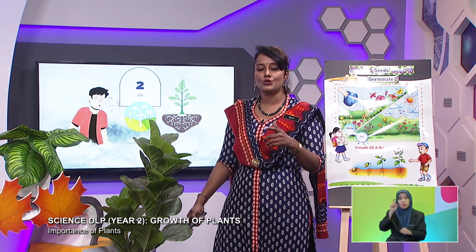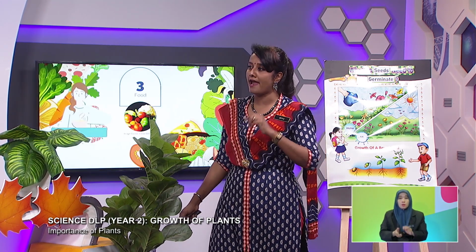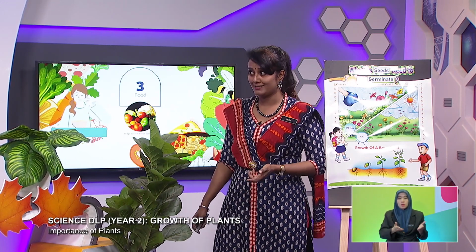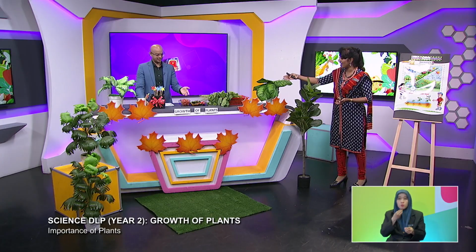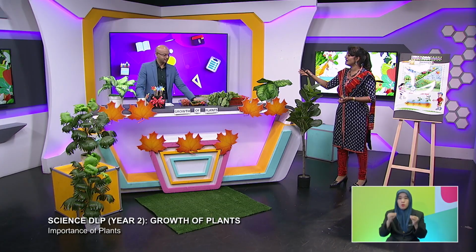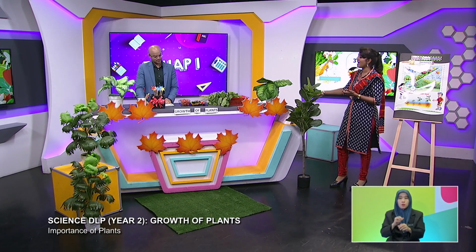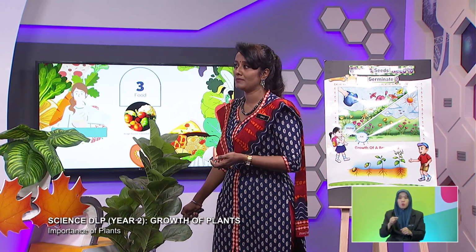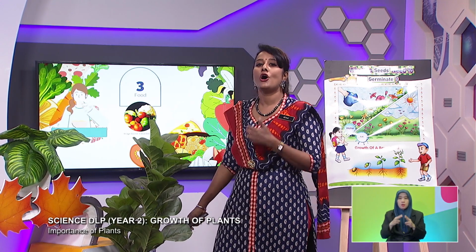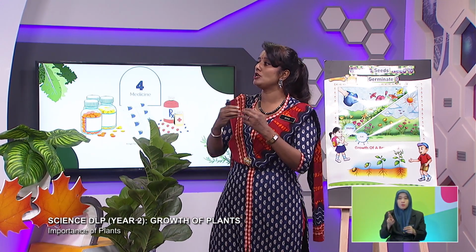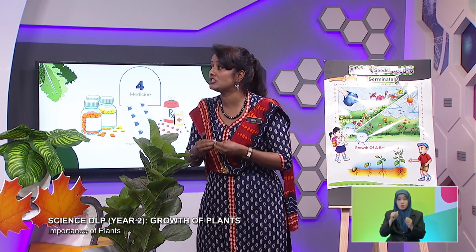Other than air, plants also supply food for humans and animals, like what I showed just now. These are the things we can take in as our food, correct? And they are very nutritious. Next, plants can also be used to produce medicine.